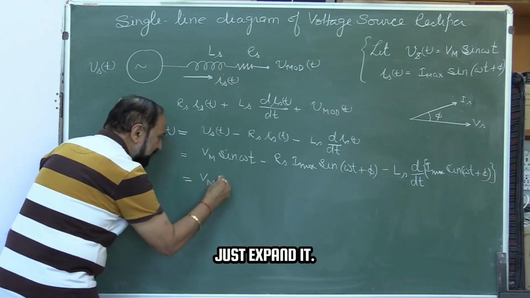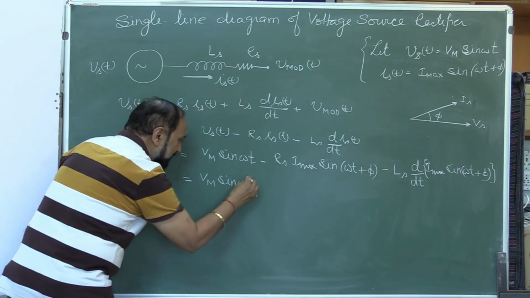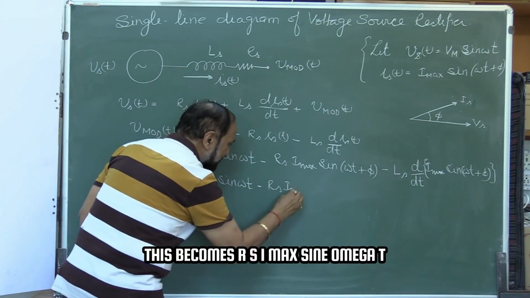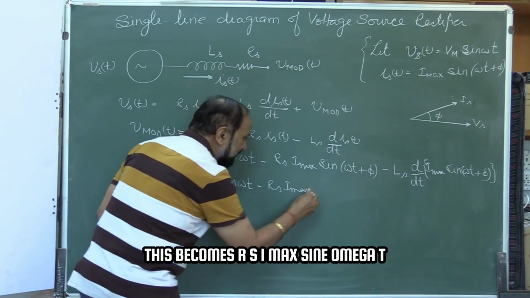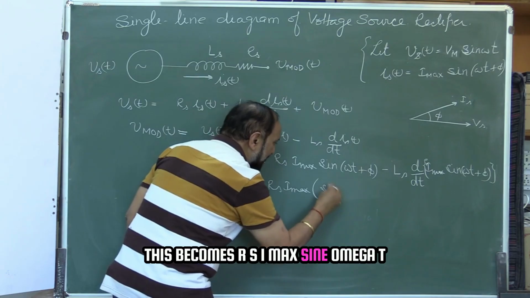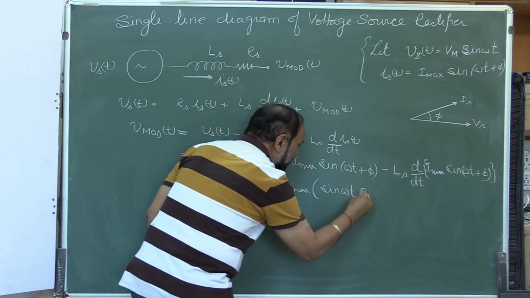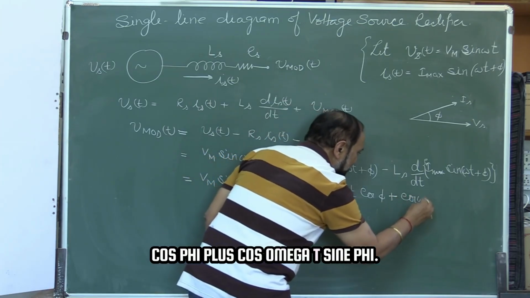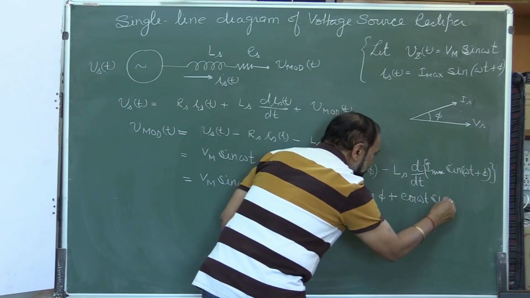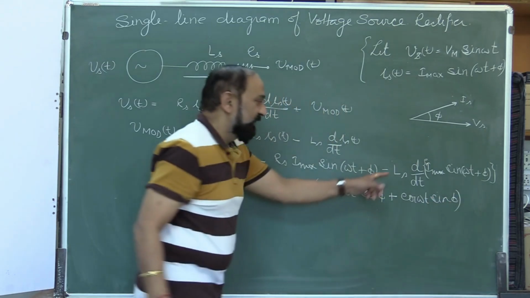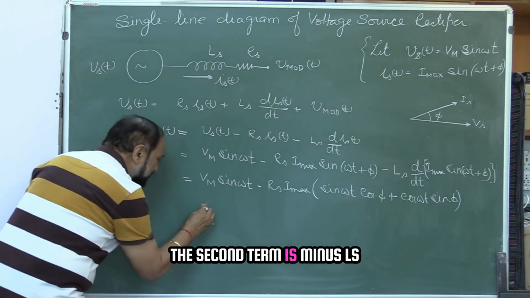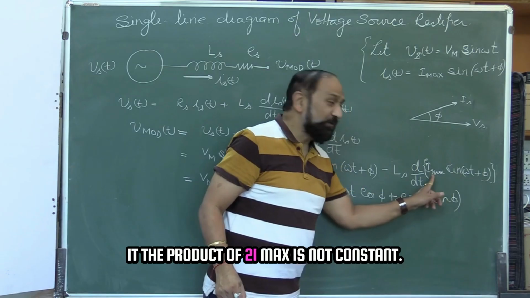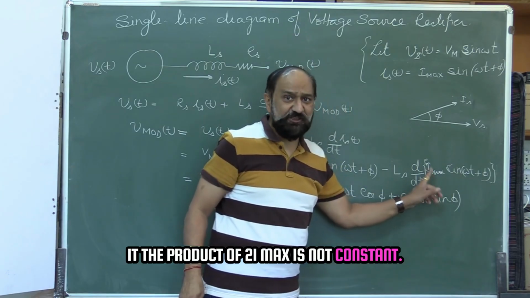Just expand it. This becomes Rs I max sine omega t cos phi plus cos omega t sine phi. The second term is minus Ls. The product of two, I max is not constant.